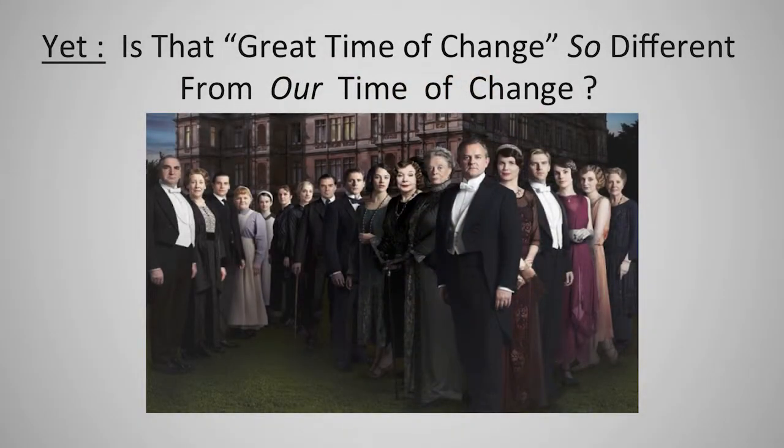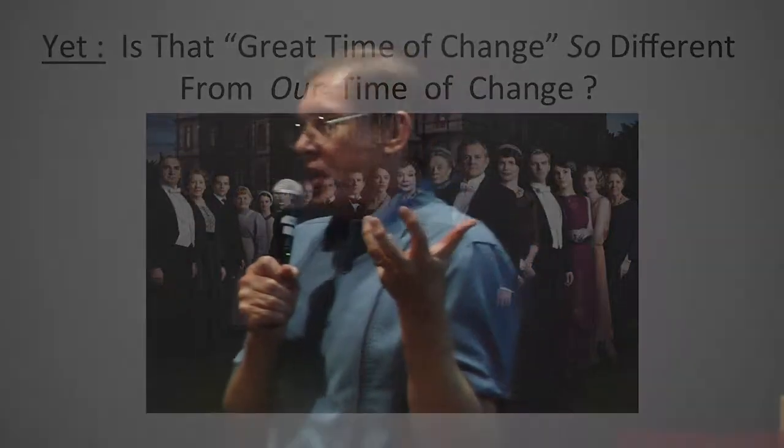So that raises the question, as we look at the whole cast here from season 3, is that great time of change so different from our time of change? Well, think about it. There's a cataclysmic event that changes the world and makes us wonder what the future of the whole world is going to be: the sinking of the Titanic. And let's face it, September 11th, 2001.